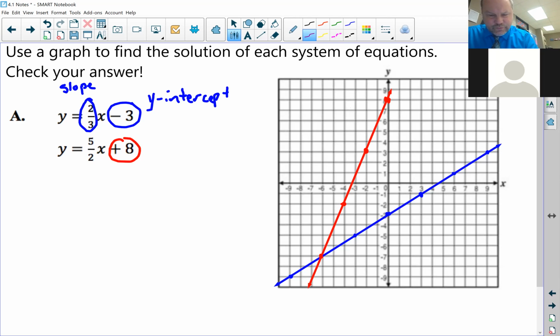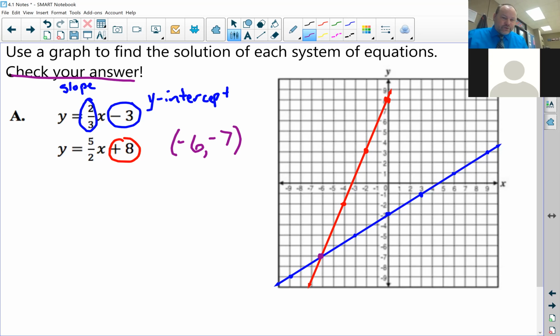And you can see there's the point of intersection. So my solution is -6, -7. And then you'll notice this great last part, check your answers.